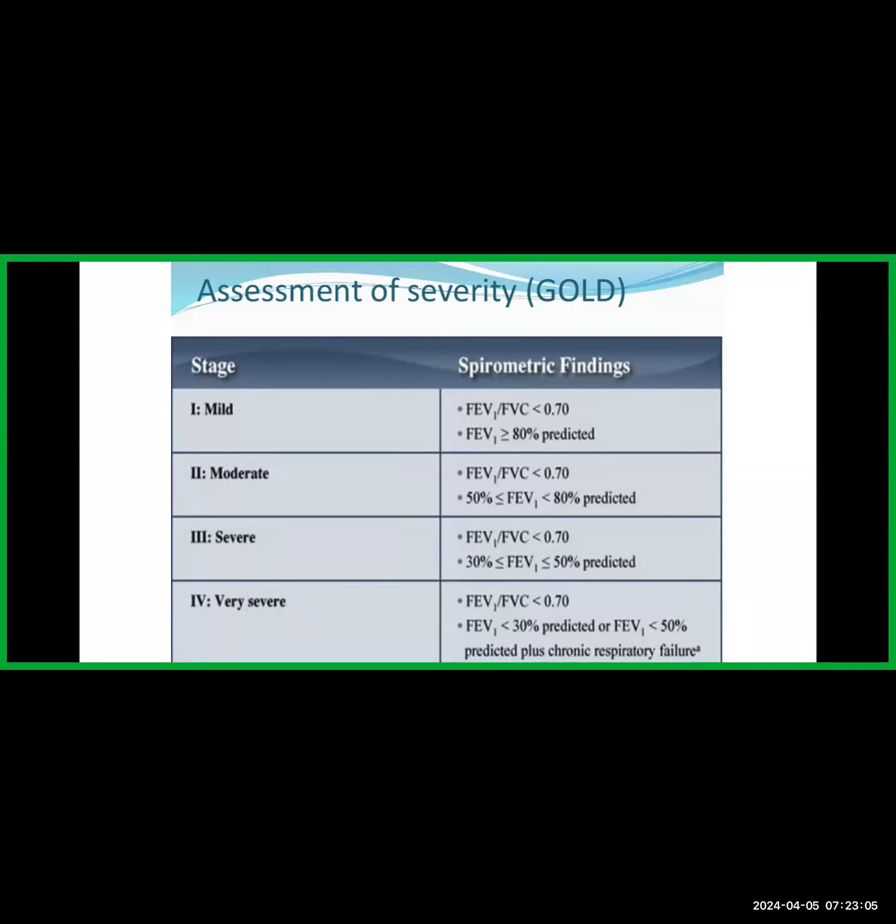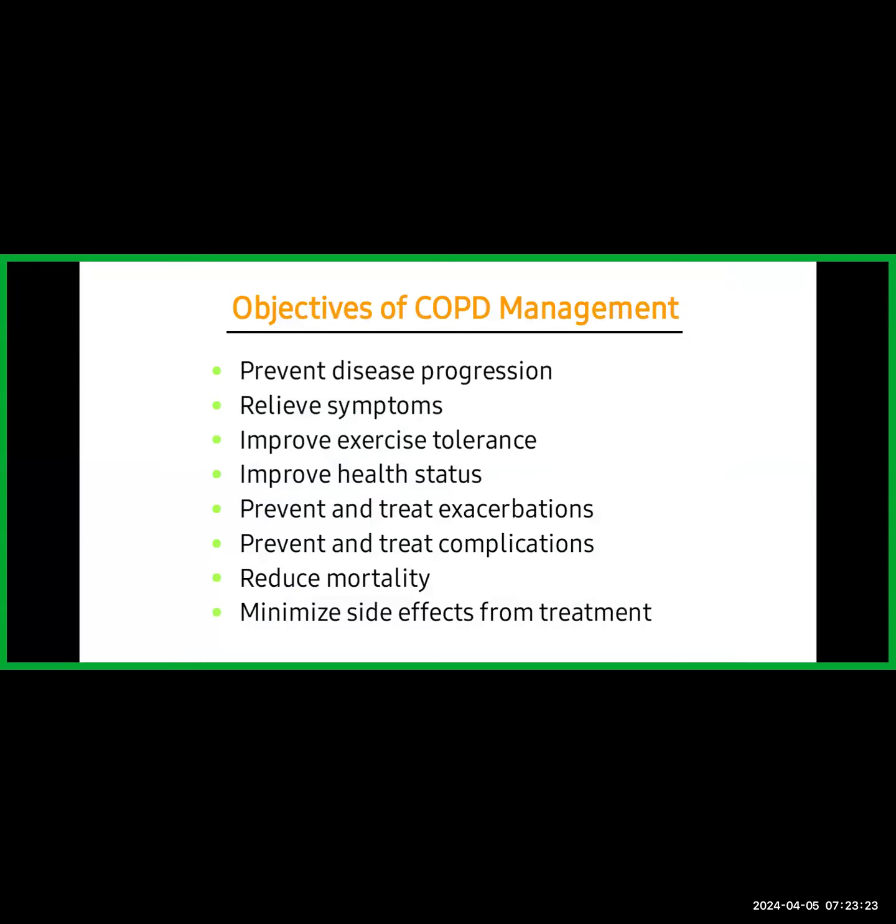For those that have more than 80%, they are stage 1, mild. For those between 50 and less than 80%, they are moderate. For those from 30 to less than 50%, they are severe. And for those with less than 30%, they are very severe. This is the objective of treatment of COPD.